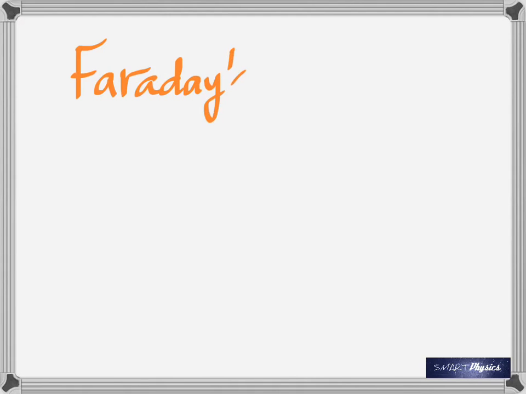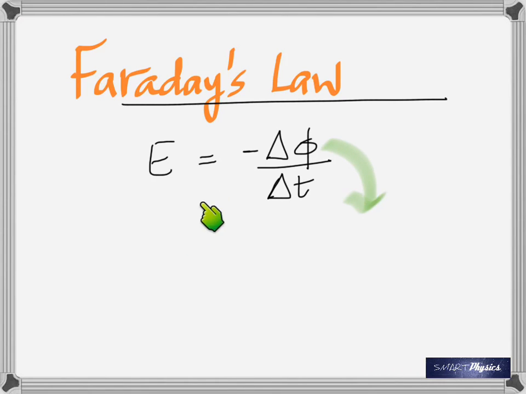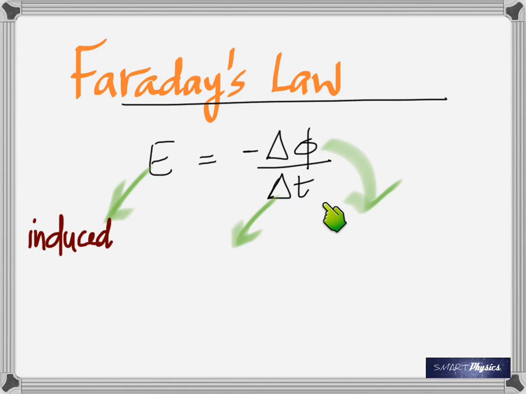And the basic law in this induction is called Faraday's law, according to which the induced EMF, E, or the induced voltage, is equal to negative of the change in magnetic flux divided by the change in time.